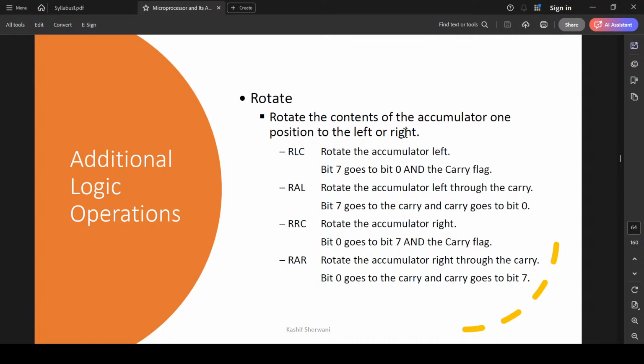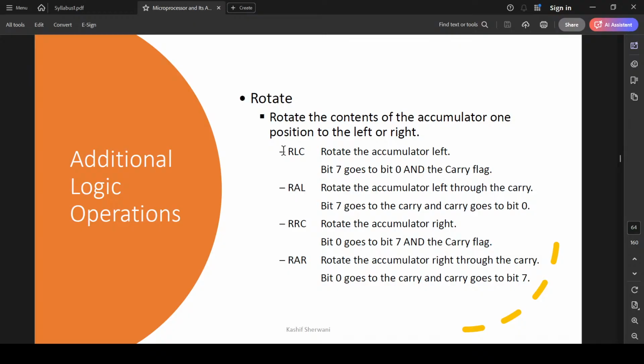Rotate. What does rotate mean? There is an 8-bit register like this: 0, 1, 0, 1, 0, 1, 0, 1.